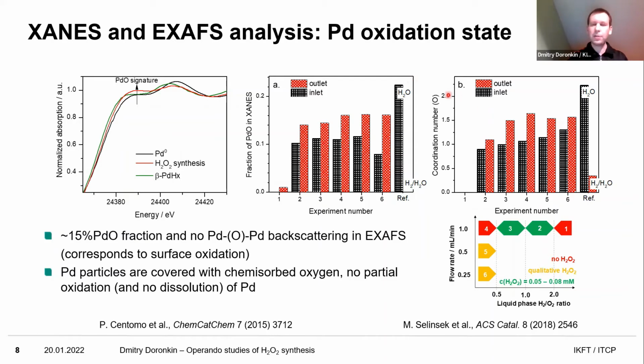And for both we also used coordination number from the XAS analysis. Both gave us roughly 10 to 15% of PdO fraction, which actually corresponds to a fully covered surface of 2 to 3 nanometer nanoparticles. That's the TEM data. So XAS and XANES analysis tell us that in the working state, so experiments 2 to 6, most of them producing hydrogen peroxide here, we have palladium nanoparticles with surface covered by chemisorbed oxygen.